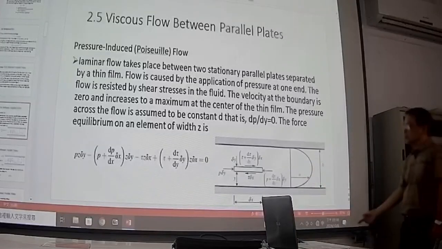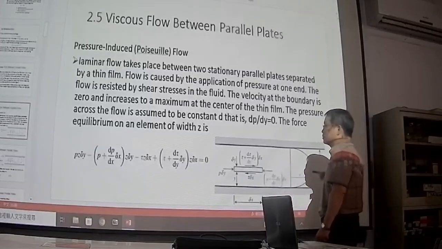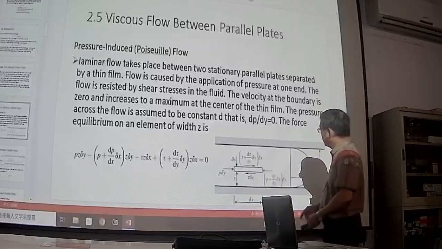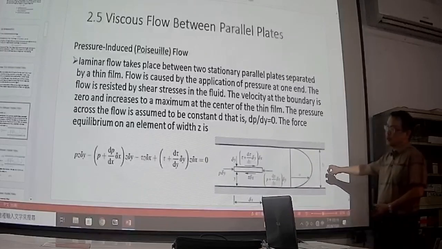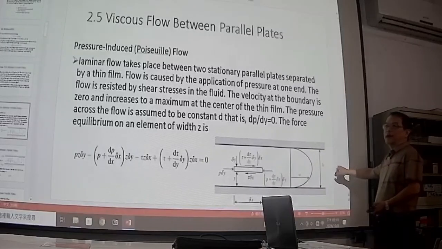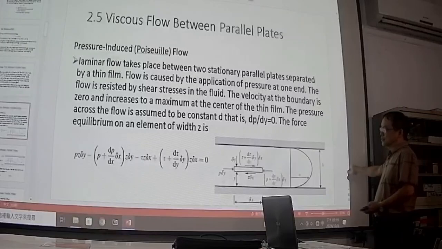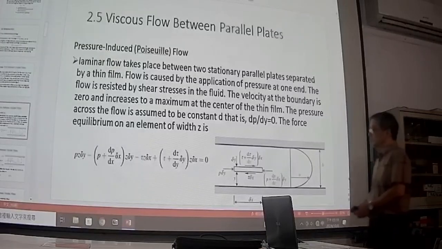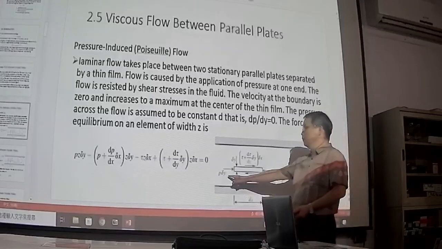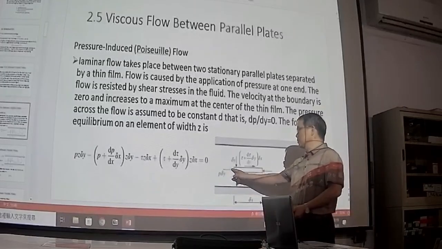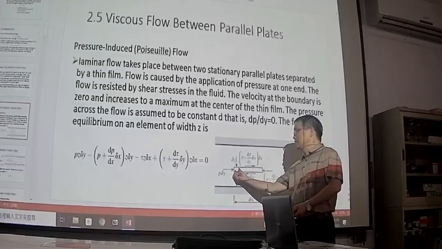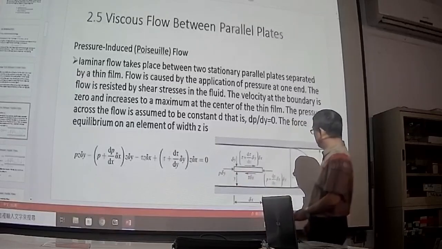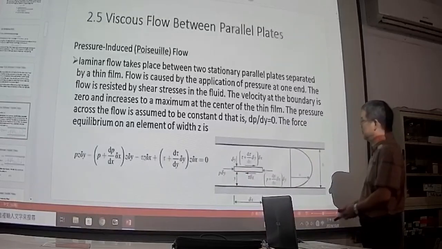For the horizontal direction, you take the x direction as the positive direction. The force in this direction is multiplied by the thickness of the element, which is v.